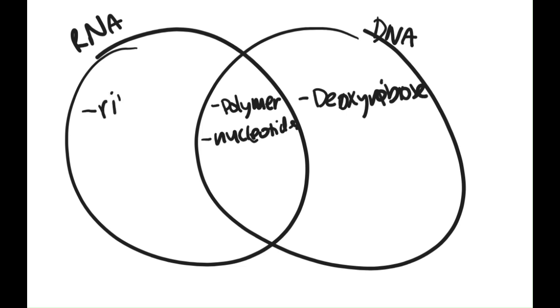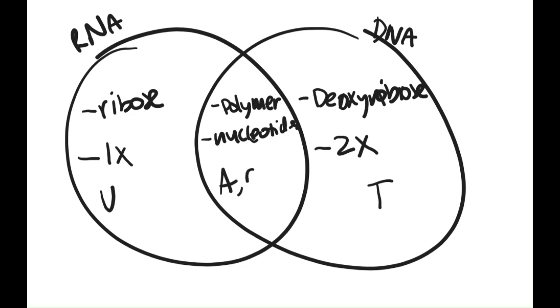RNA has ribose. DNA is double-stranded. RNA only has one strand. RNA has uracil, but DNA has thymine instead of uracil, but they all have adenine, cytosine, and guanine as their other bases. For this spec, we do have to know some examples of nucleic acids, but I'll leave it up to you to figure out what you want to know.